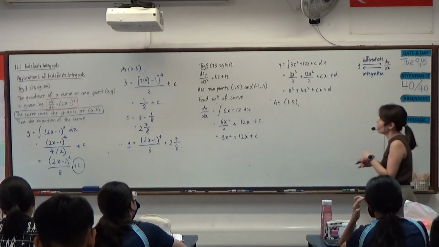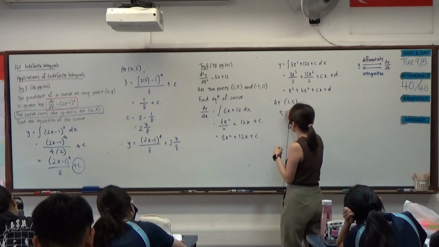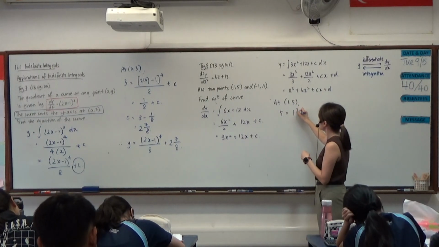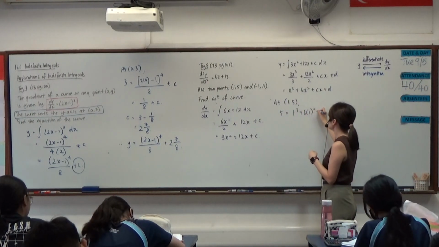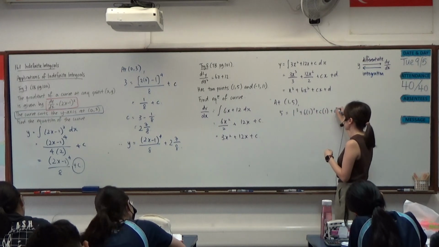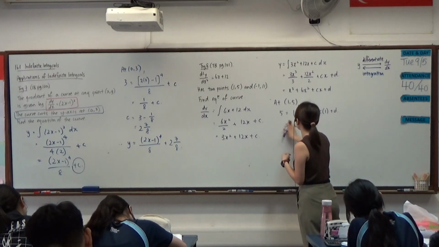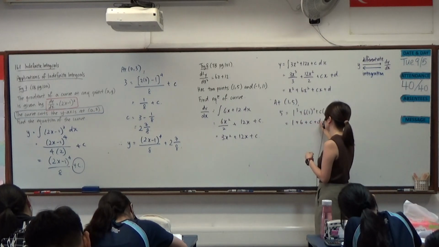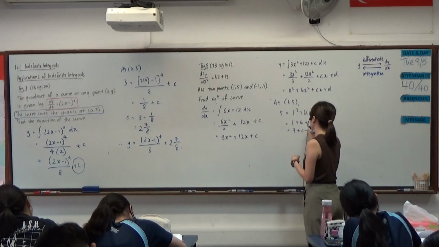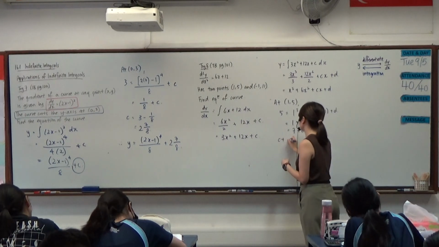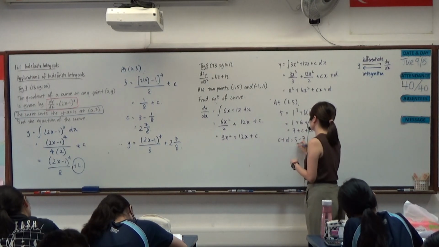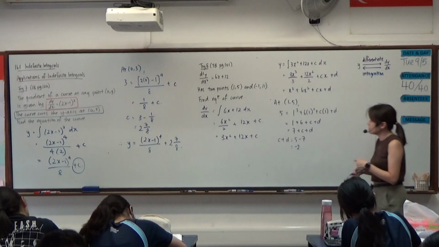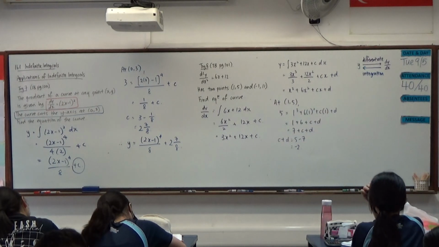So for the first point (1, 5), we'll find that y equals 5. Which gives us on the right side 1 plus 6 plus c plus d. So c plus d is negative 2.